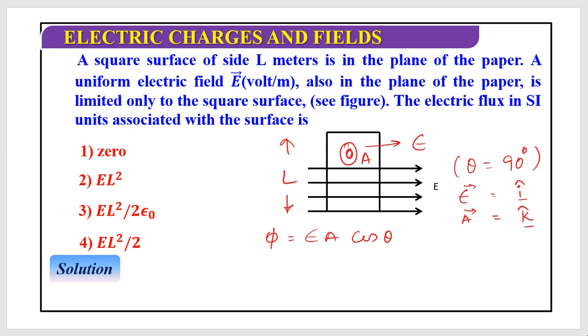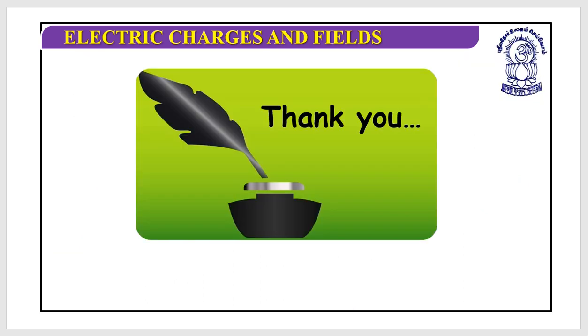When we know the directions and the angle converts to 90, we don't even bother about the magnitude. So this is E into a into cos 90 degrees, and cos 90 is 0, so the flux would be 0. This should be the answer. Correct?